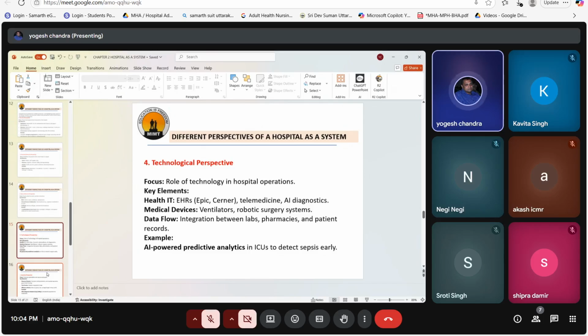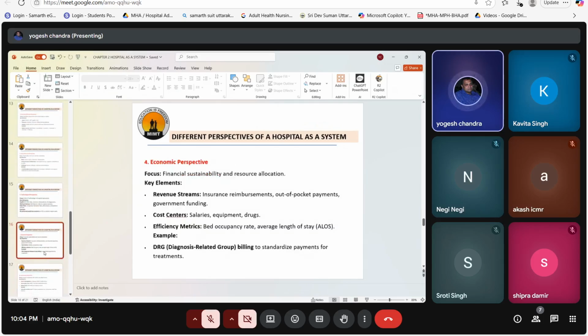The lab person logs in, opens it, and sees whatever investigation was advised. He does the investigation or puts the result into the system. Again, it comes back to the doctor and he sees it. So that is the technological perspective also. Nowadays, a lot of AI is being pulled into this medical field. That is again a separate topic. I'm not going into the detail here.